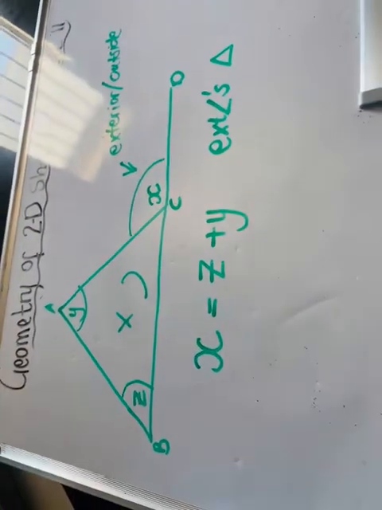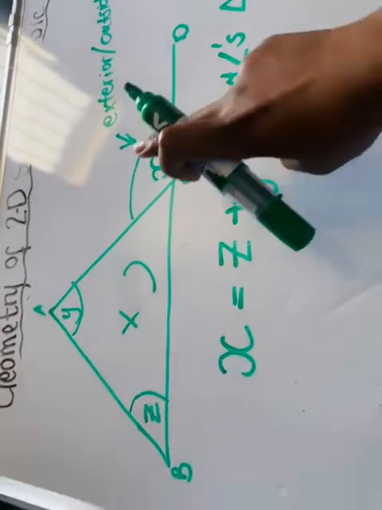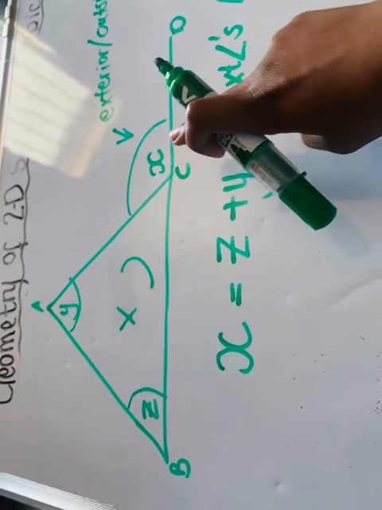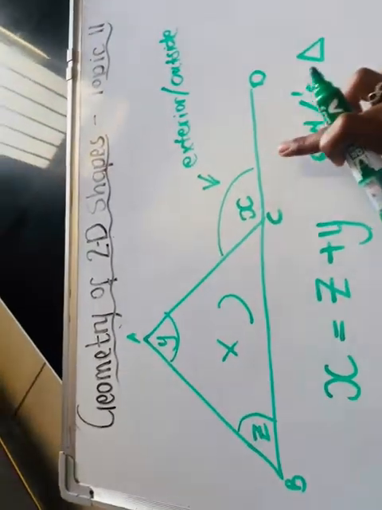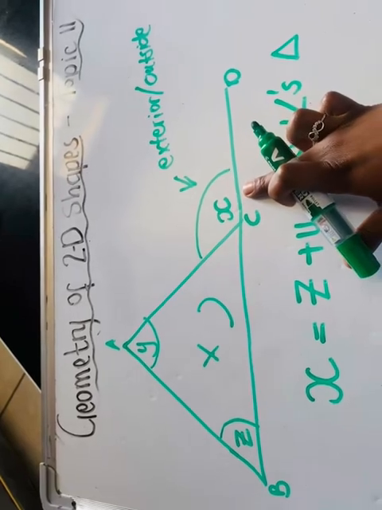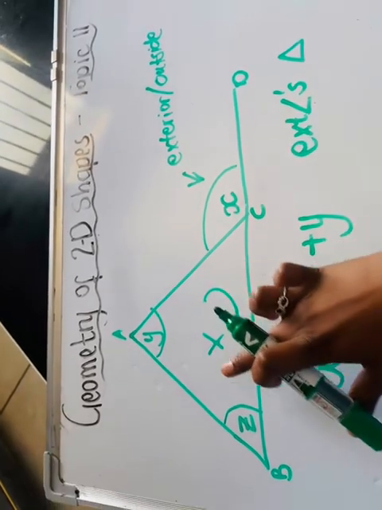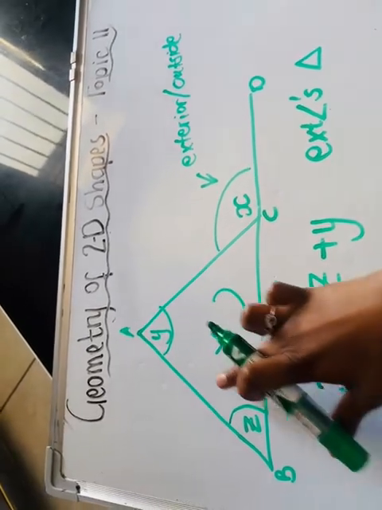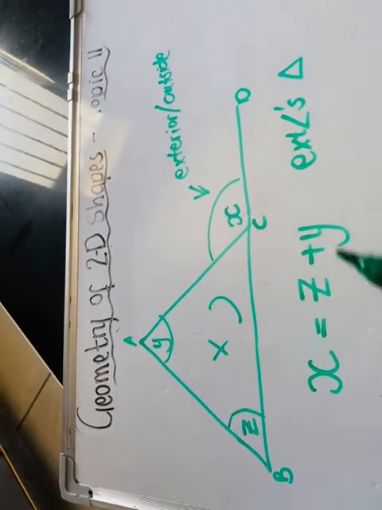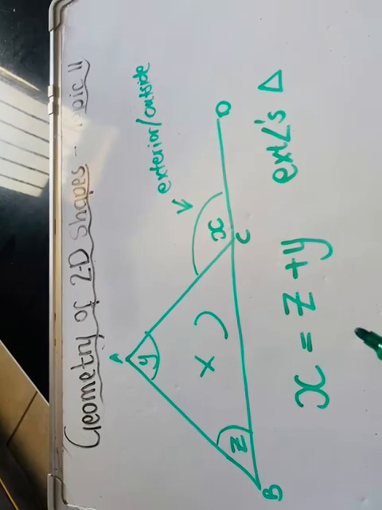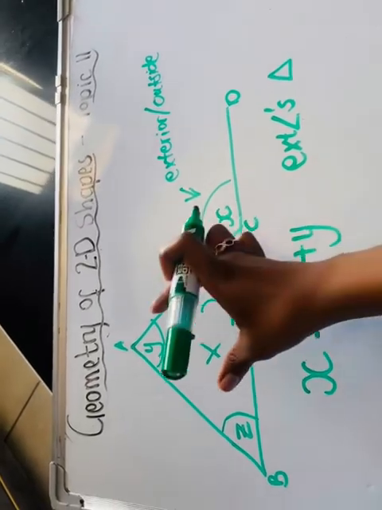That's our reason. So the exterior angle of a triangle is equal to the sum of the two opposite interior angles of a triangle. So that's what it means. It should be opposite interiors of a triangle.